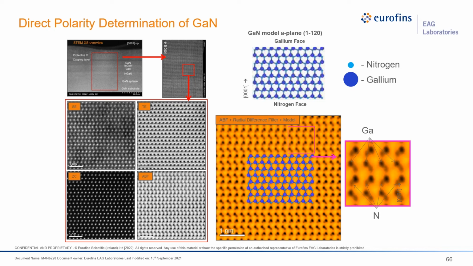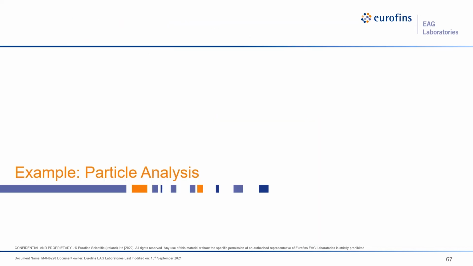If you go outside right now, the sun is so bright that all the faint stars will not show up in the sky, although they are still there, right? So you need some kind of filter. In this case, you use ABF as a filter, so you can image both gallium and nitrogen columns, right?